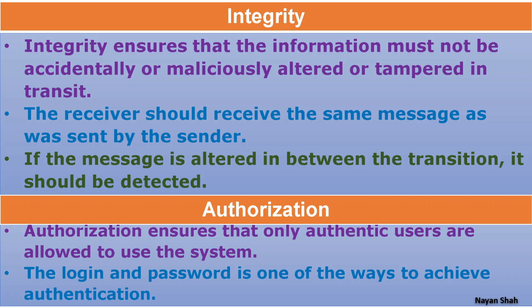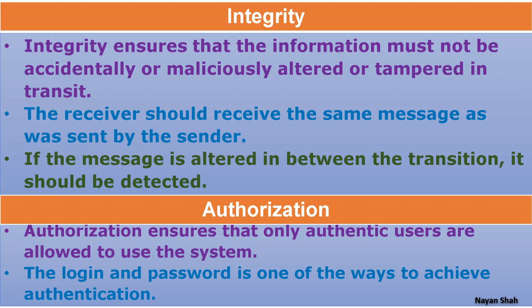Remember, there is no technique which can say what changes were done in the message, but there is definitely a technique which will identify that there was some change from the original message. So when the receiver end gets a notification that the message is altered, the receiver will reject that message.